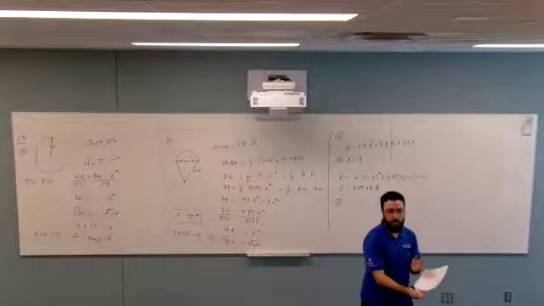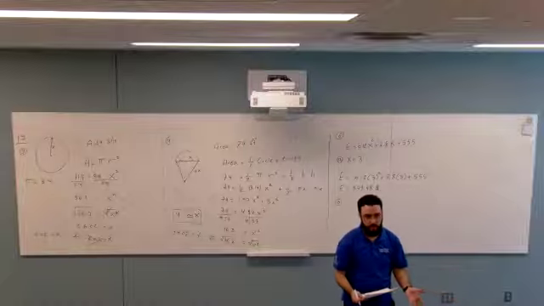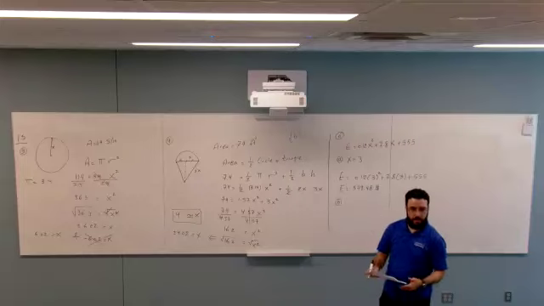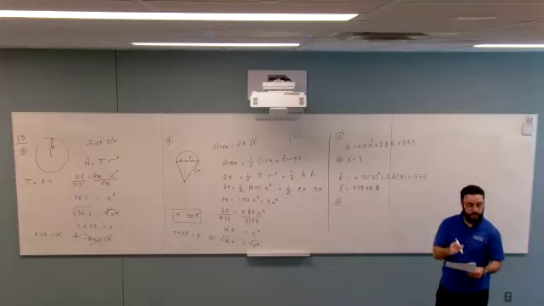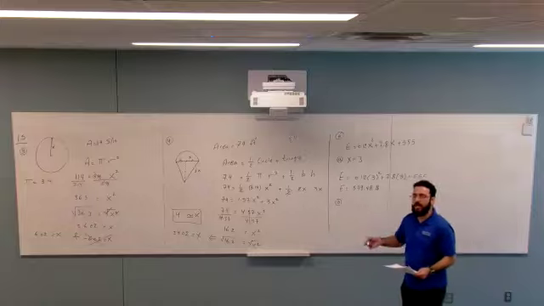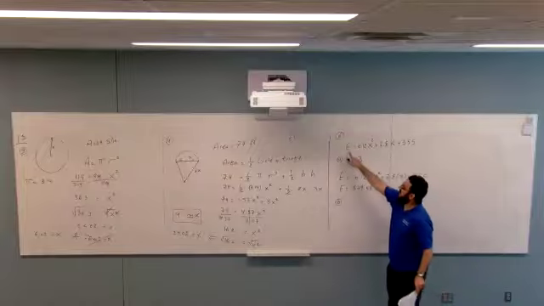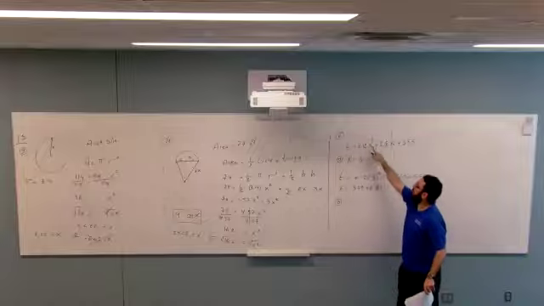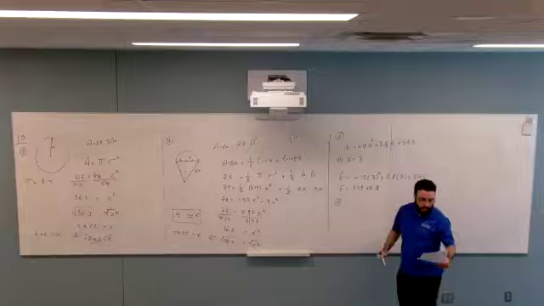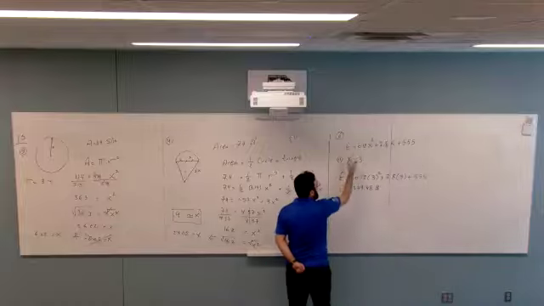But the X in this formula represents the number of years since 2004. So now in B, they ask you to find the year, which is the value of X, when the average earning is 638. So they give you the E, and we need to solve it to find the value of X. Let's write down first 638, plug it here again.